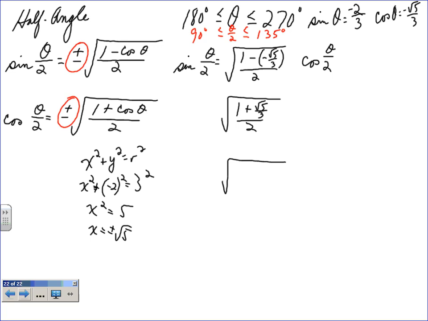And then I simplify the complex fraction by multiplying top and bottom by 3 over 3. 3 times 1 is 3, plus the square root of 5, the 3's cancel, and 2 times 3 is 6. And that's the sine of theta over 2.